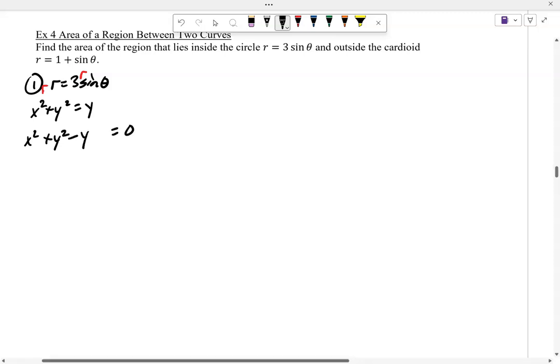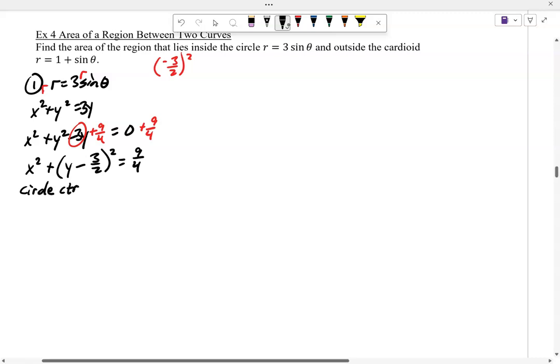So we get x squared plus y squared equals 3y. I'm sorry, that's 3 times r sine theta. There we go. So x squared plus y squared minus 3y equals 0. I would complete the square: negative 3 over 2 squared, so that's 9/4. I want to throw in a 9/4, and that would help us to complete the square. So you just have a circle centered at 0, 3 halves, with r squared equal to 9/4, so a radius of 3 halves.